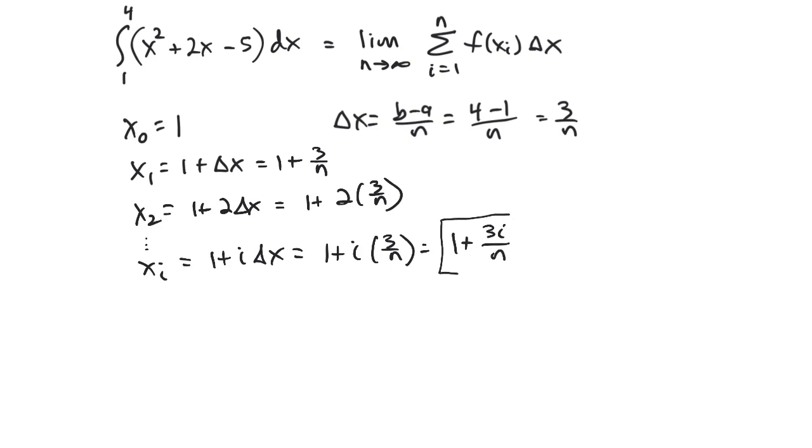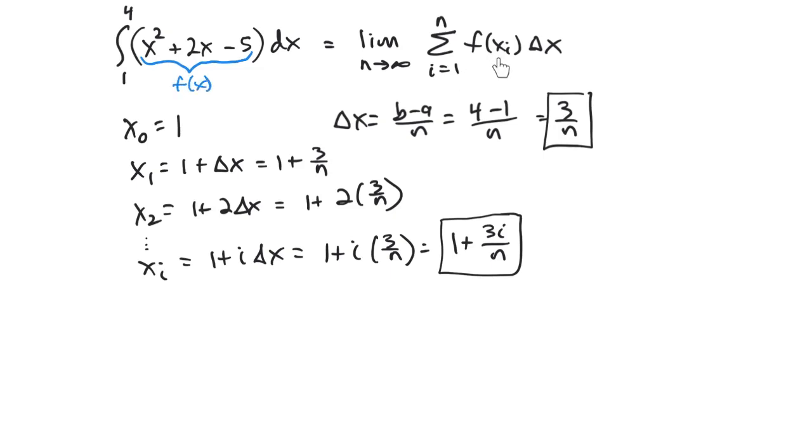So we're going to need to know this. We need to know delta x, because we're going to have to plug these into our formula here. This is the limit definition of an integral, which is a limit of these Riemann sums. So f of x sub i, well, remember what we've got here. Right here, this is f of x, that's our function.